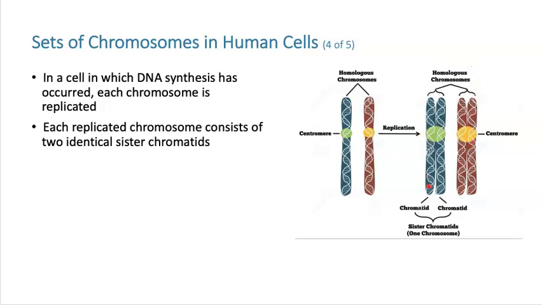This one is still homologous to this one, right? It's just that they're replicated. So this has 2 chromatids, and this has 2 chromatids. We also say sister chromatids. But this is still just 1 chromosome, and this is still just 1 chromosome. So over here we have 2 chromosomes, and over here we have 2 chromosomes. This is important for understanding the math of cell division.